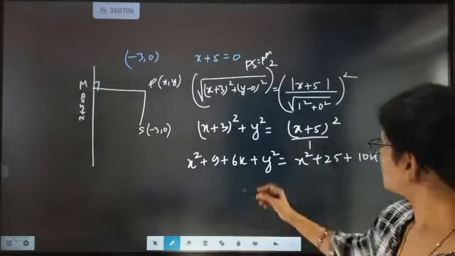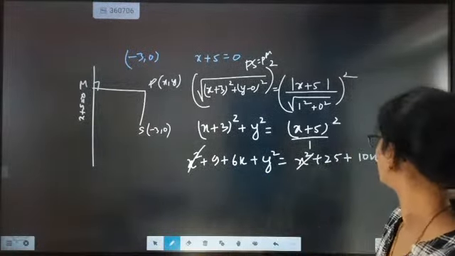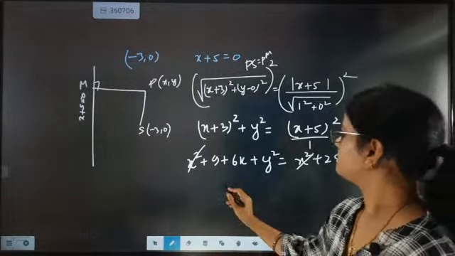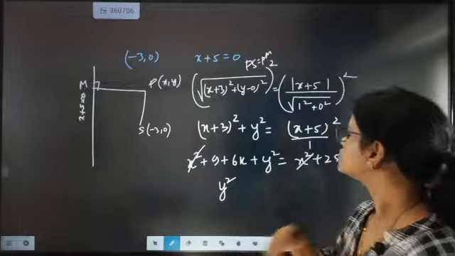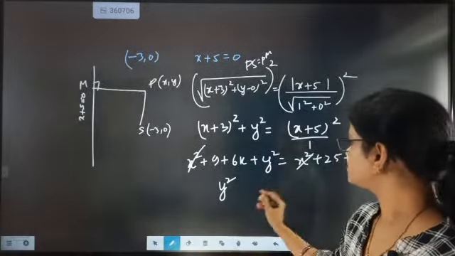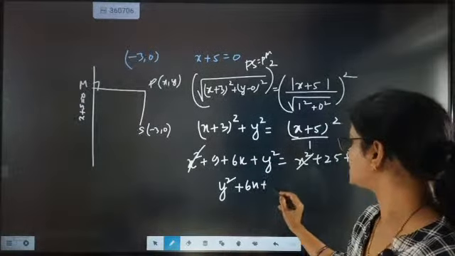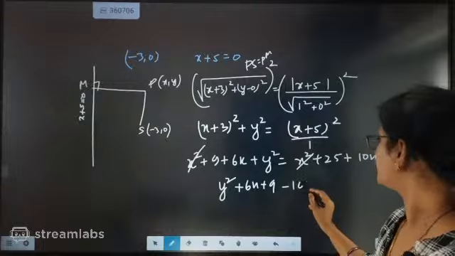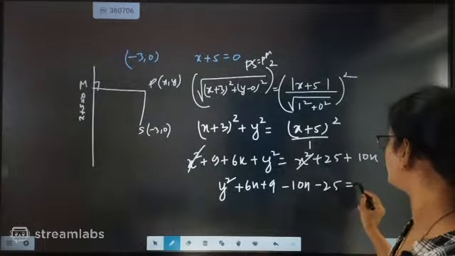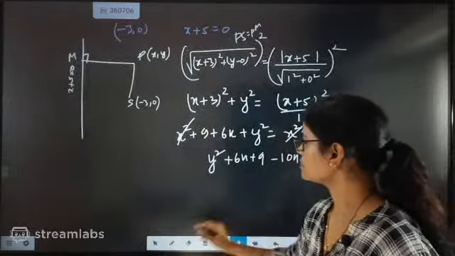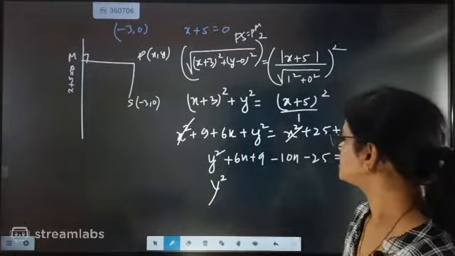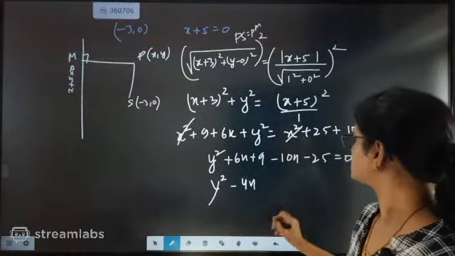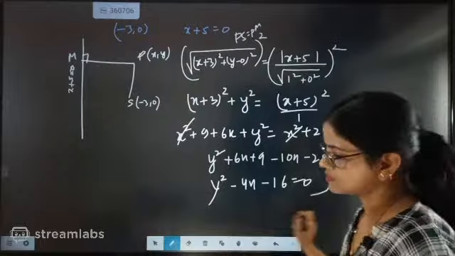So here x square is going to cancel. There is no term containing xy, so both are going to come as 0. y square plus 6x plus 9 minus 10x minus 25 will be equal to 0. So y square minus 4x minus 16 equal to 0.